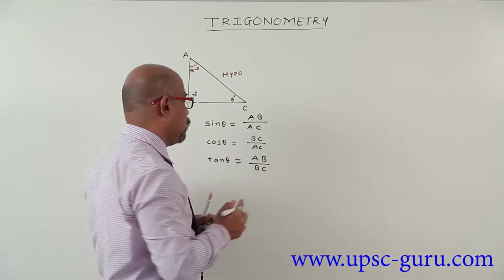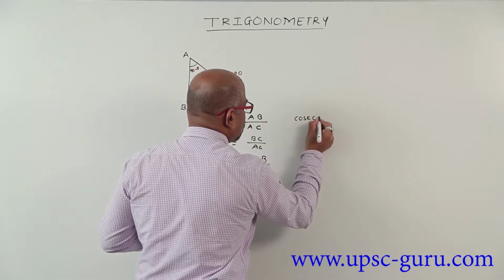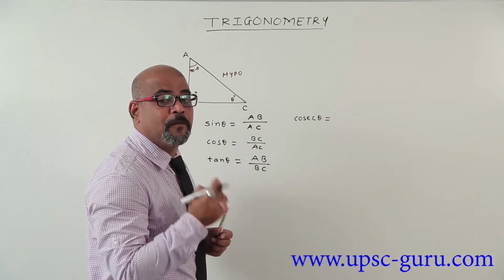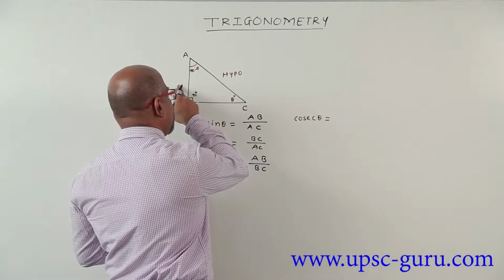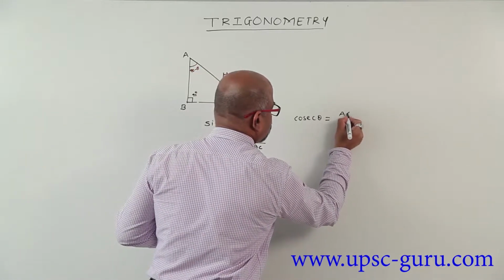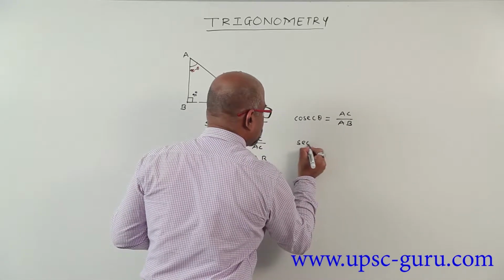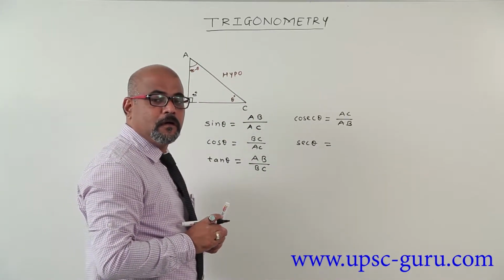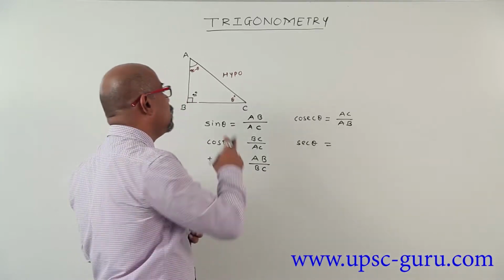Next ratio is cosec theta. Let us check for cosec theta. We know that cosec theta equals to hypotenuse upon opposite side, AC upon AB. Then sec theta. Again we know that sec theta equals to hypotenuse upon adjacent side.